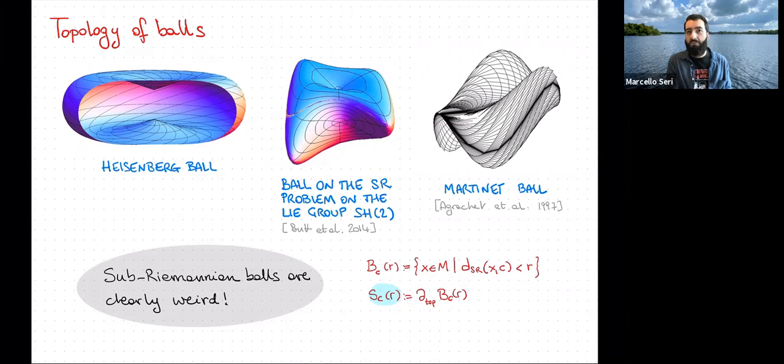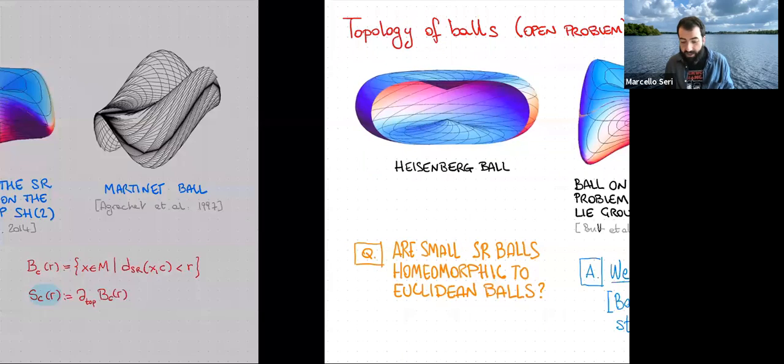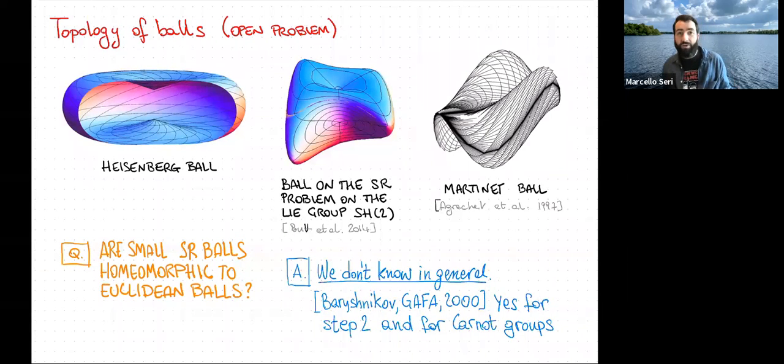So it's a reasonable question to ask. You know that the topology is the same, maybe the topology of a small ball is the same as well. This is a big question. We don't know. We know it for step 2 and for Carnot groups in general. But it's fully open. This is the first big question that comes in the slide.